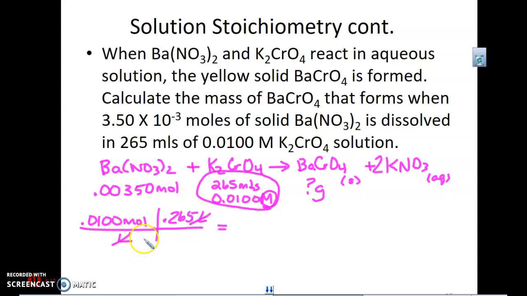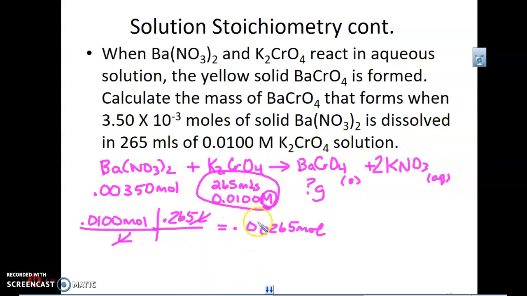Okay, and we're going to multiply this together, and we're going to get 265 moles. All right, now this is more important for the people taking this for S2S credit because it is a limiting reactant problem.